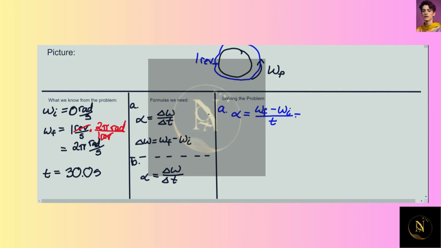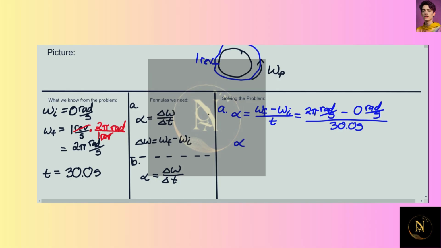Then I'll plug my numbers in, and I have 2 pi radians per second minus 0 radians per second. I will divide that whole thing by the 30 seconds it took to accelerate to that speed.